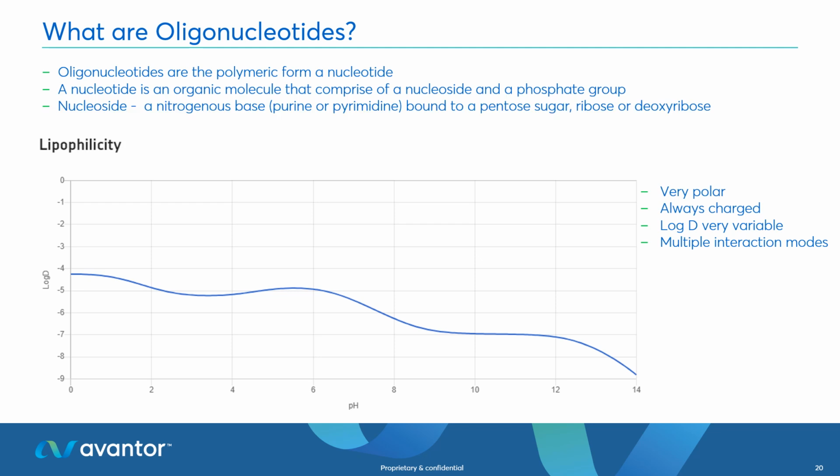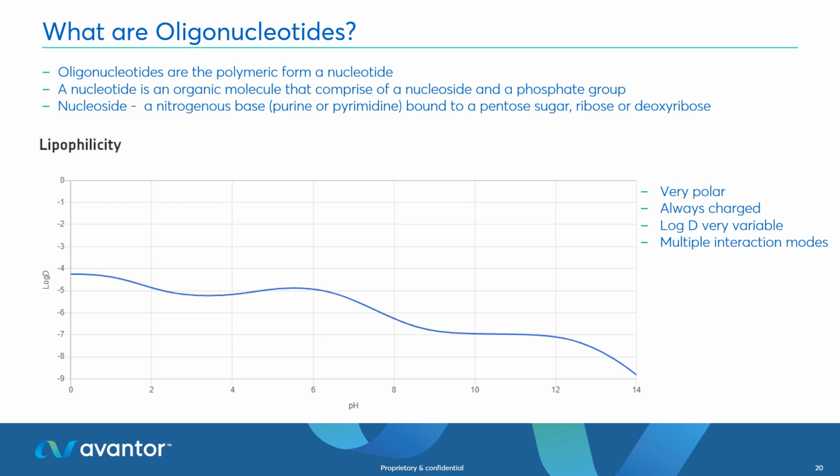Also, as we noted previously, the log distribution factor is very variable, and we have multiple interaction modes, different types of interactions, multiple charge states, regions where we've got a degree of pi bonding, regions where we've got a degree of van der Waals types of interactions.